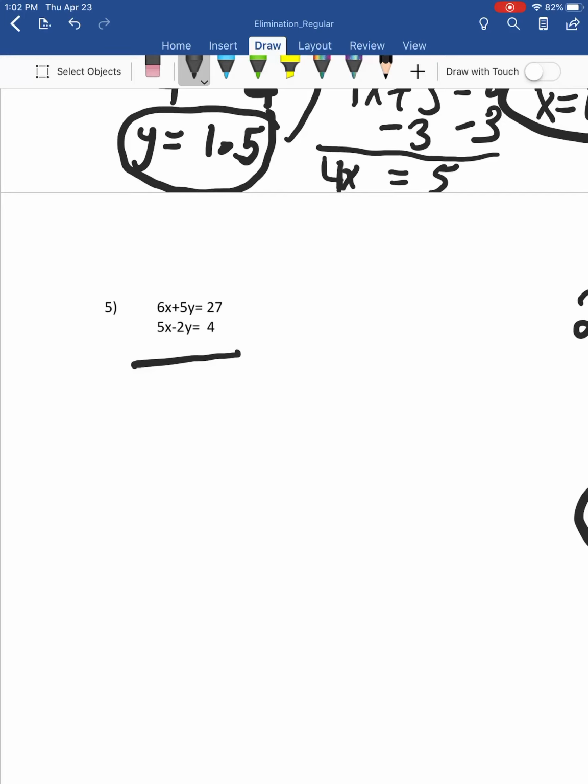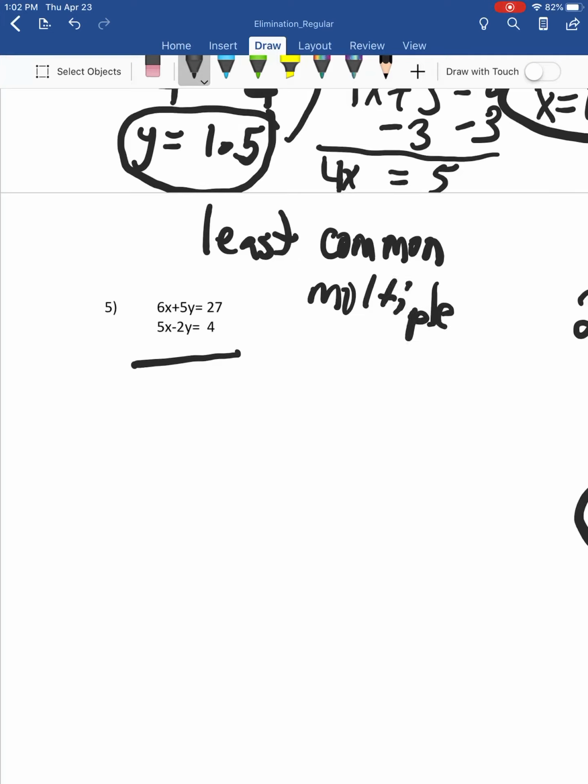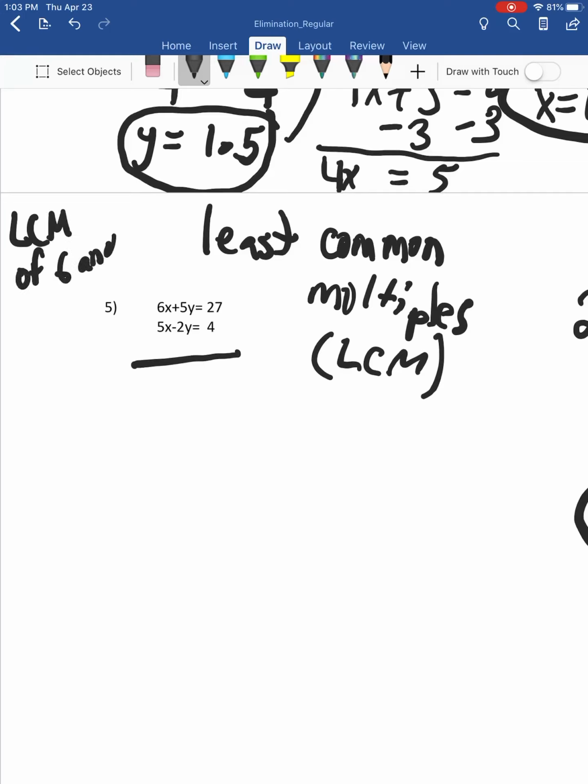So what we're going to do is use least common multiples, which is the LCM. The LCM of 6 and 5, that's 30.